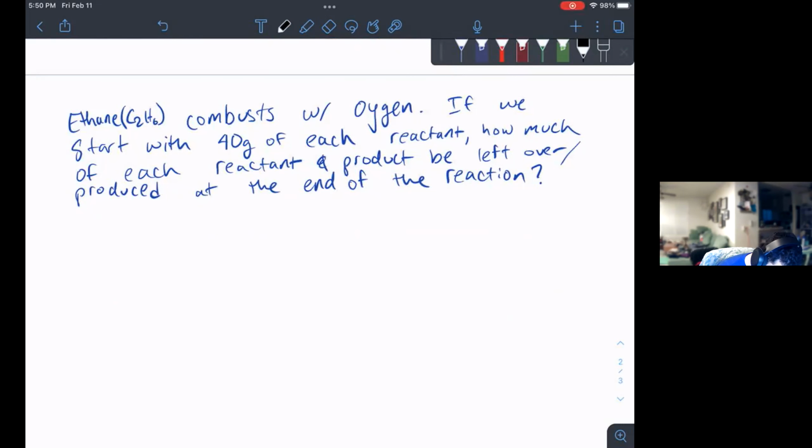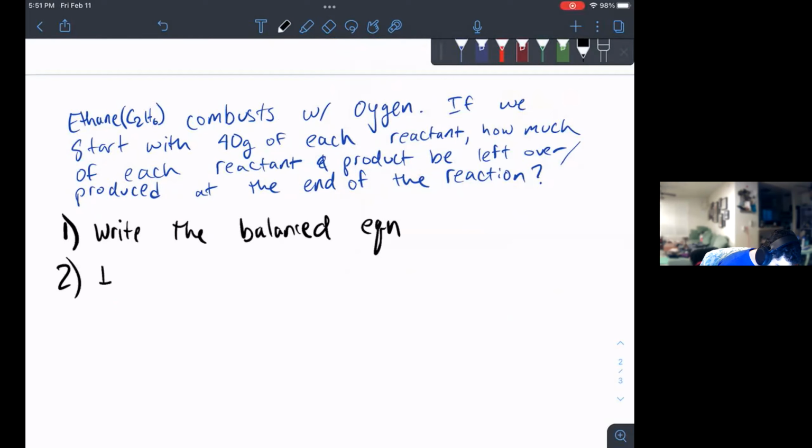Well, there's a couple of things I want to do. Number one, I want to write the balanced equation. Number two, I want to find the limiting reactant.